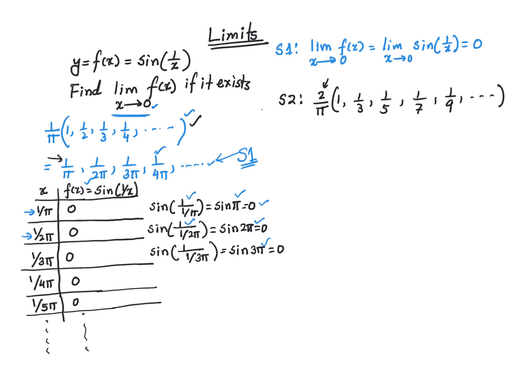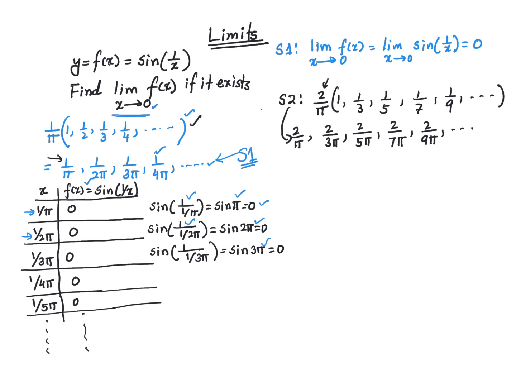So if I simplify it, I get 2 over pi, then 2 over 3 pi, 2 over 5 pi, 2 over 7 pi, 2 over 9 pi, and so on. Technically, this is what I mean by my sequence 2.